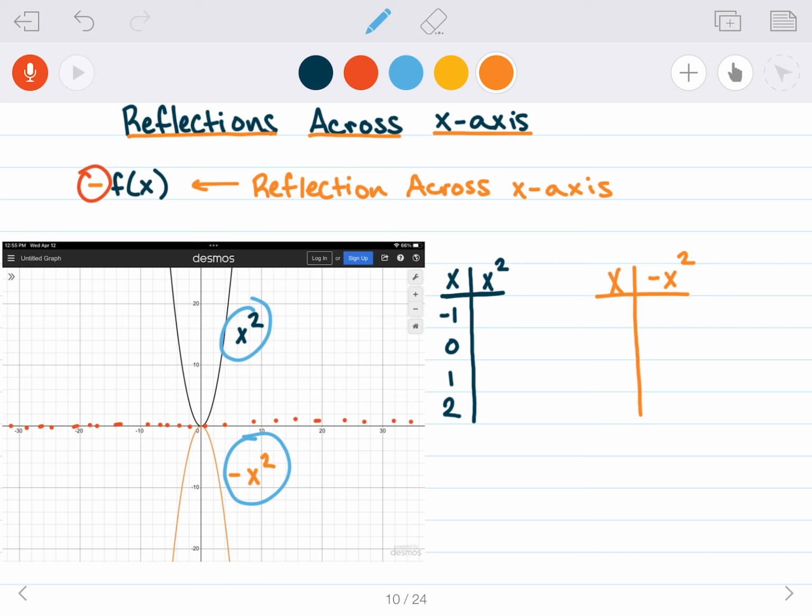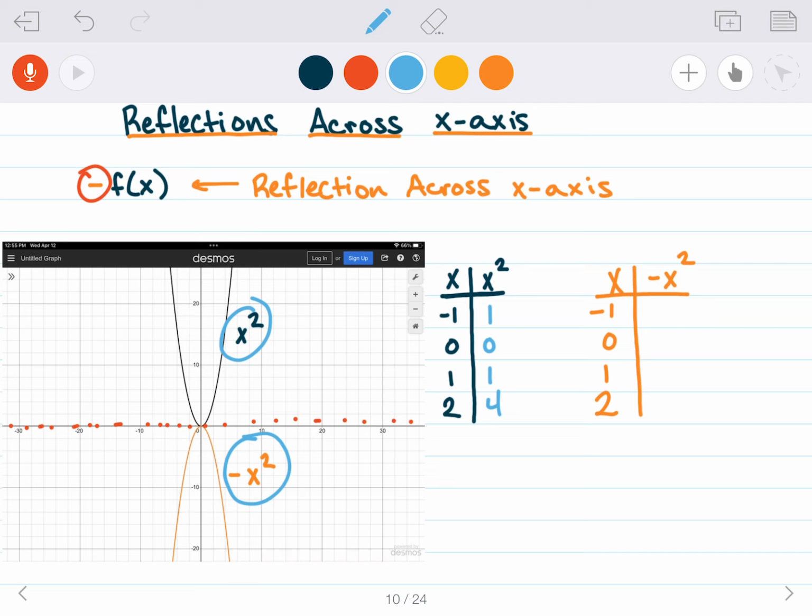So what does that mean? Well, that means for the parent function, the inputs of the parent are going to be the same inputs as the reflected function. Now, the only thing that's different is that I have to multiply by that -1 that's in the front with my outputs. So my outputs for my parent, again, are 1, 0, 1, and 4.